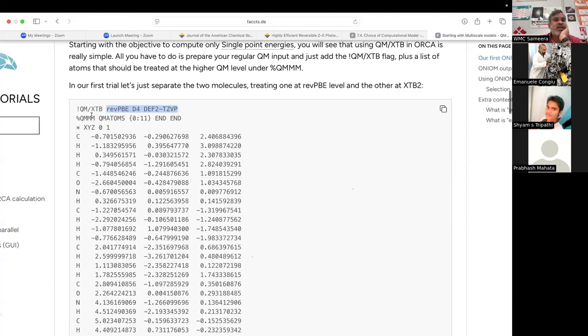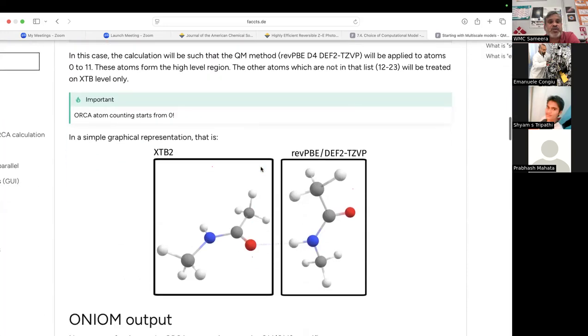And here you describe the QM-MM atoms. Here 0 to 11 corresponds to the quantum mechanics part, okay? 0 to 11: 1, 2, 3, 4, 5, 6, 7, 8, 9, 10, 11. These atoms correspond to the quantum mechanical part.